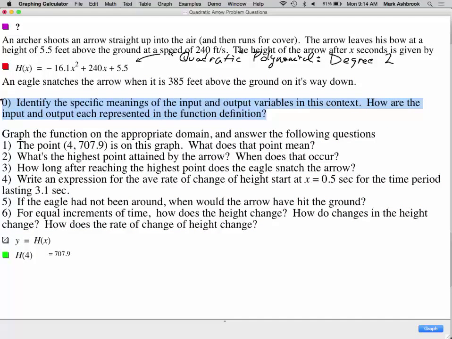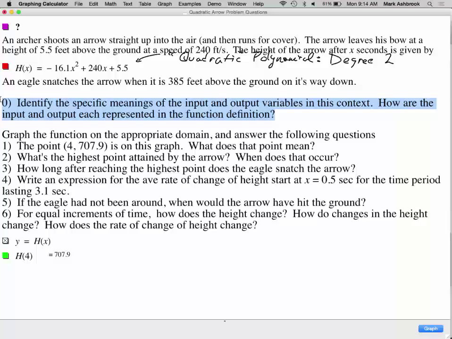This is for your graphing calculator. So for our purposes, when we're working on these quadratic polynomial functions, these are going to be graphing calculator problems. You're going to be using your graphing calculator to find values, to interpret the situation. So get out your graphing calculator to answer these.